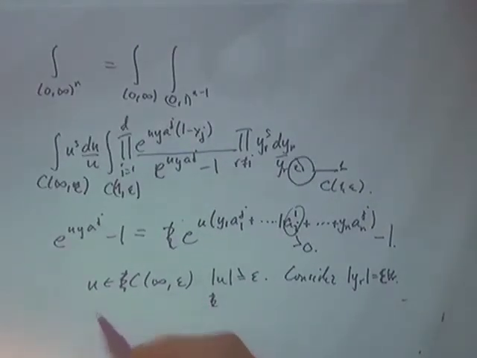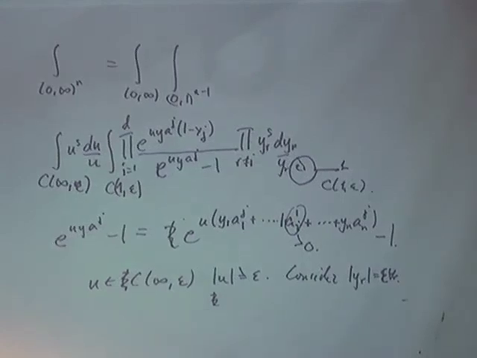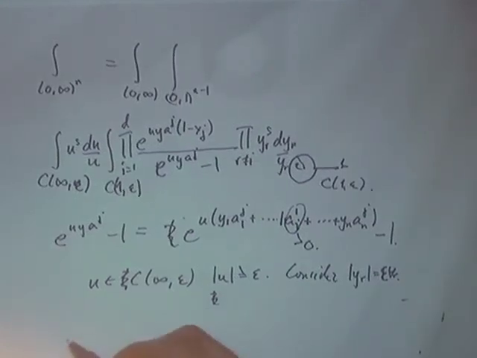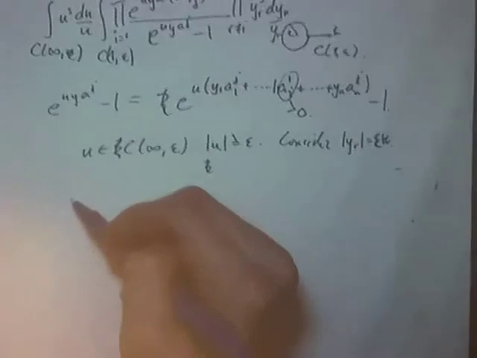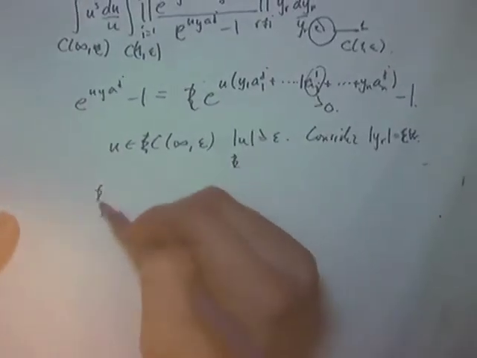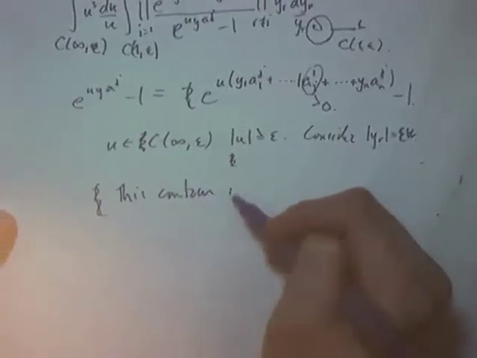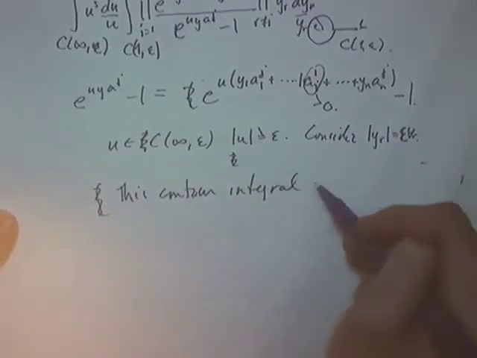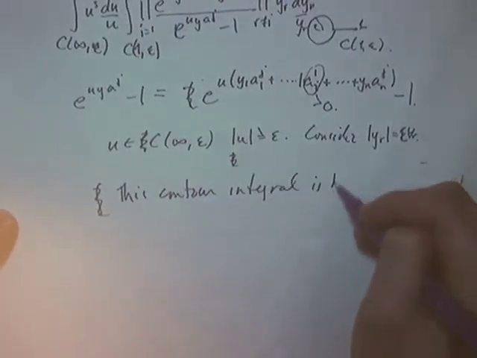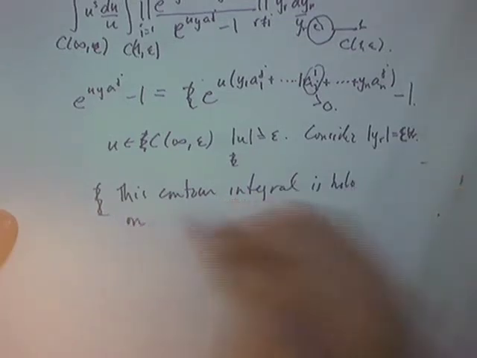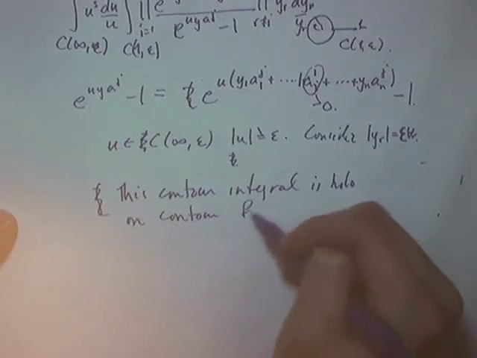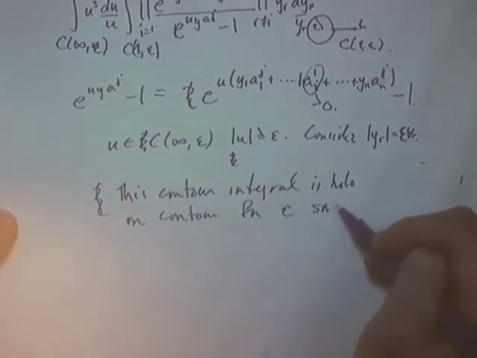So we see that this contour integral is holomorphic on the contour for epsilon small enough.